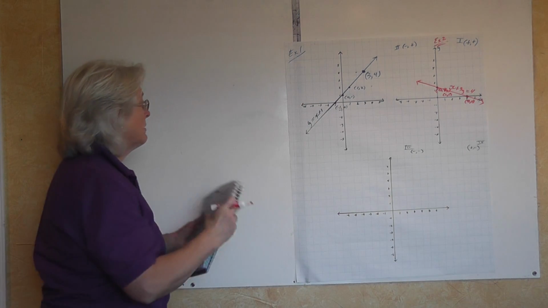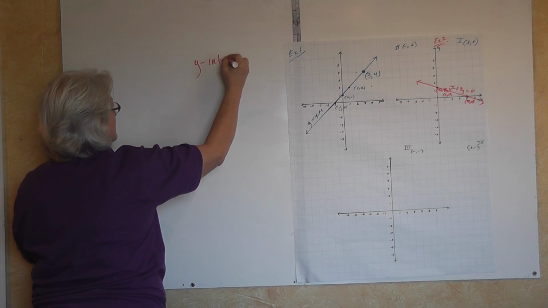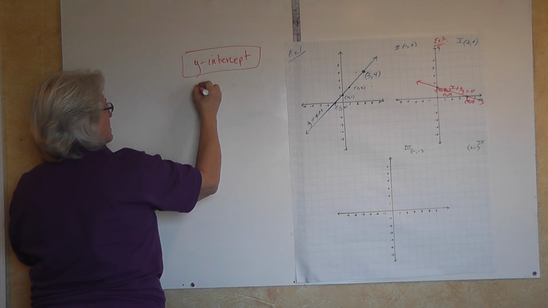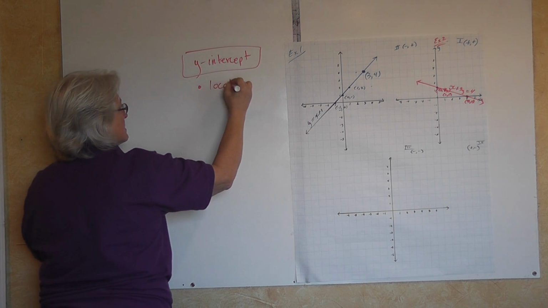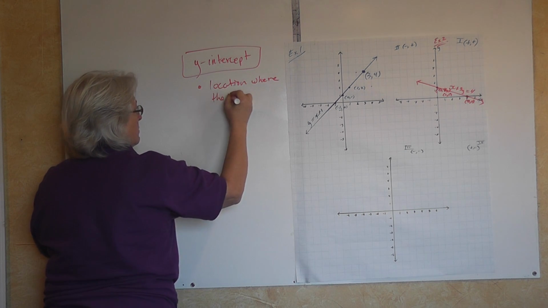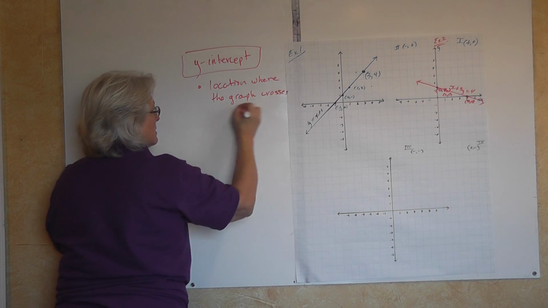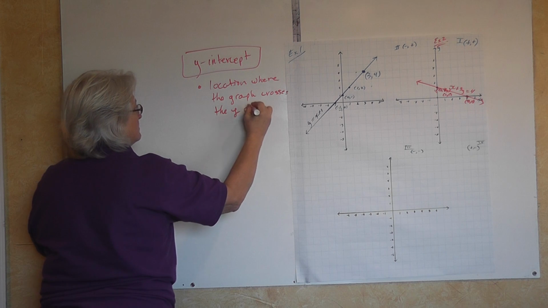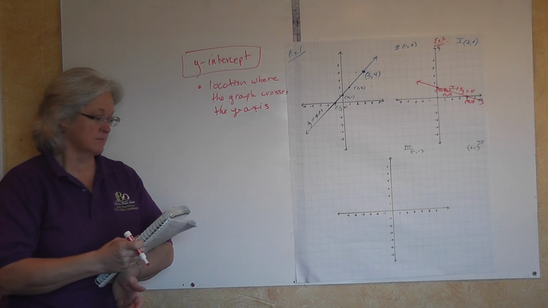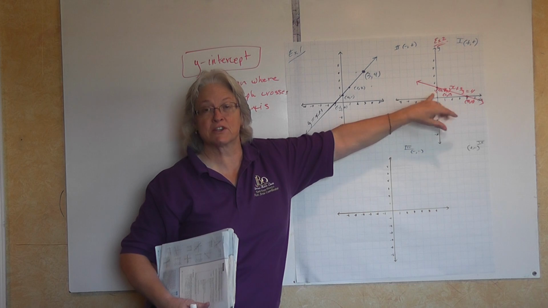And we're just going to write out what I said. Make sure that you know exactly what this is. The y-intercept is the location where the graph crosses the y-axis. And when we say it crosses it, it also intersects it.